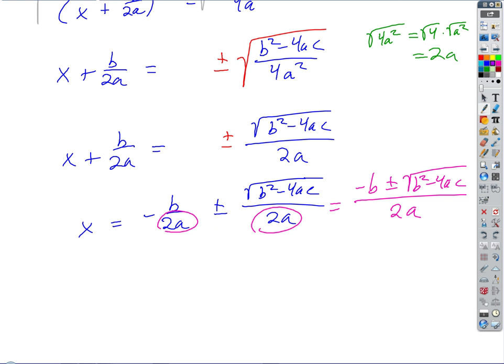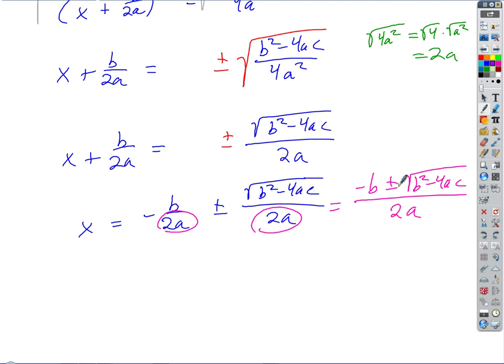Now we've got x by itself, and our answer only includes a's and b's and c's. So regardless of what a, b, and c are, this is the form that the solutions always take, because there's a plus or minus.